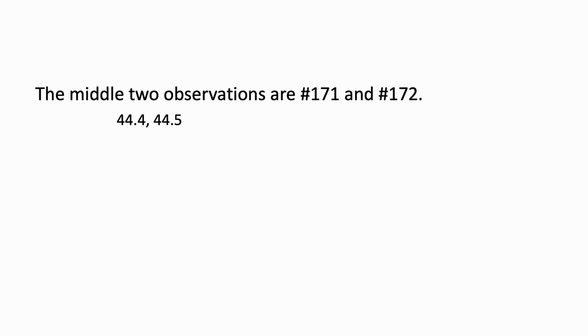And the 2 actual exact middle observations are observations 171 and 172, which are 44.4 and 44.5 millimeters, respectively. Remember, we had 342 measurements, so it's an even number. So there's not one middle value. We have to take 2 to find the middle.